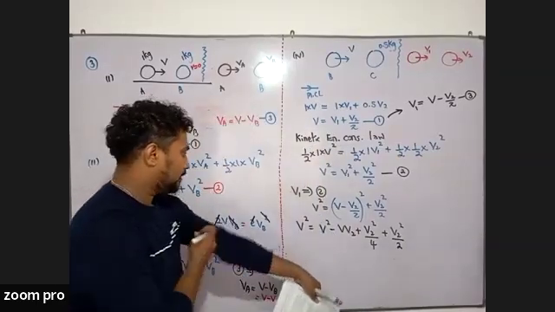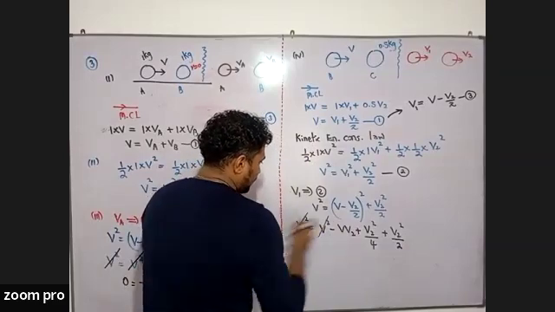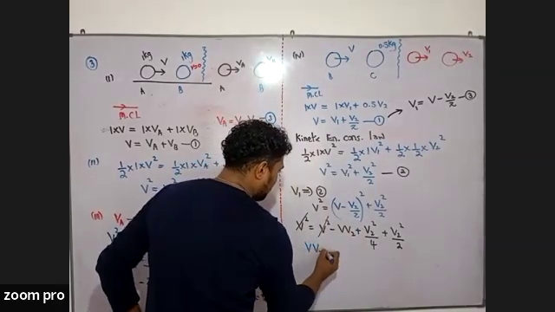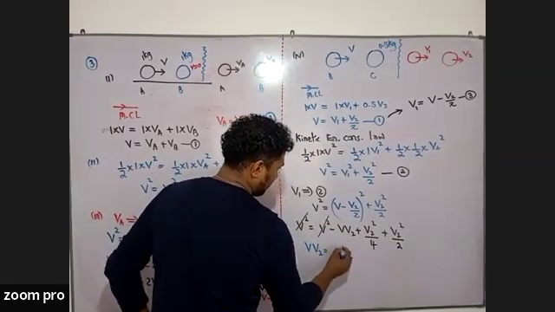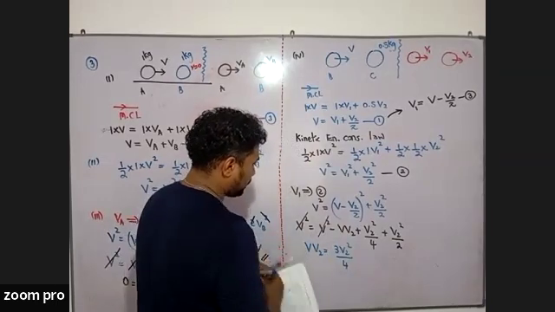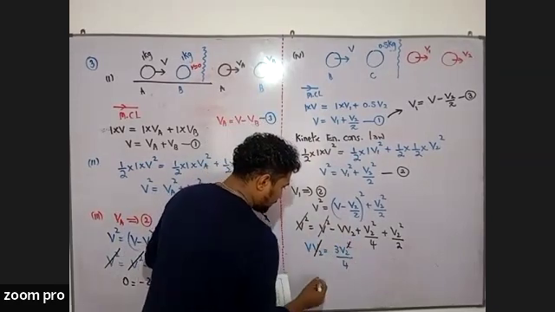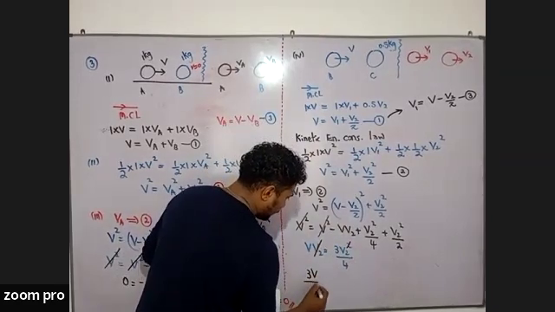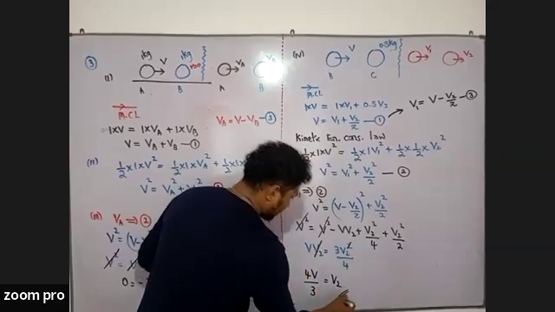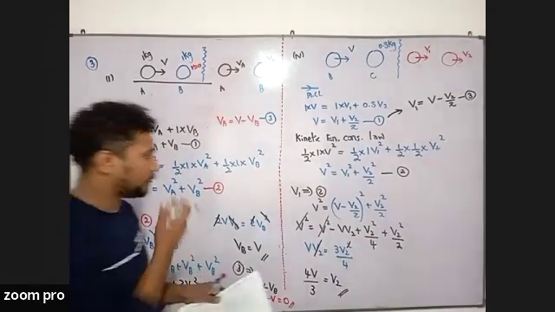So the V squared terms can be cancelled easily. If I take this V2 term to the opposite side, it converts to positive, then V V2 equals 3V2 squared over 4. If I further simplify, I can obtain the value for V2 as 4V over 3. So this is the value of V2.